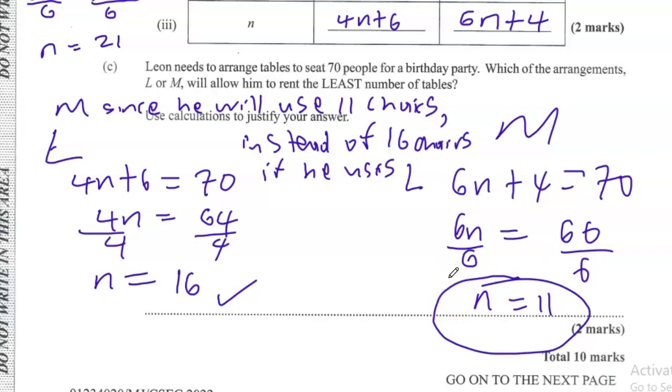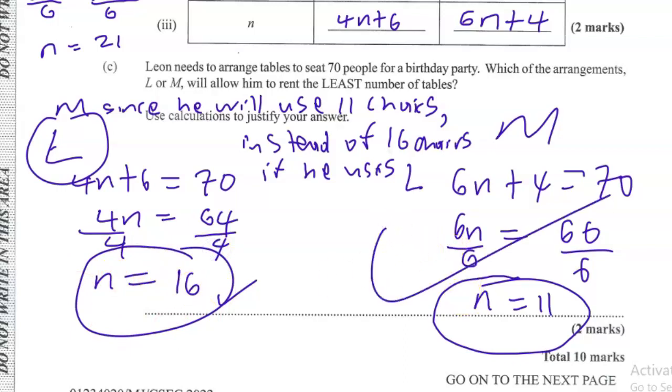If he uses arrangement L, he will need 16 tables. Alright, so arrangement M is it.